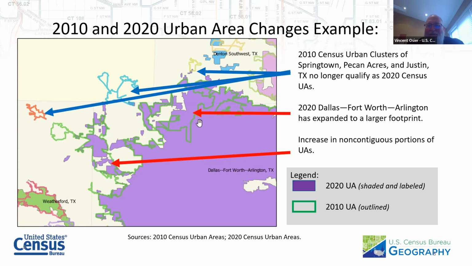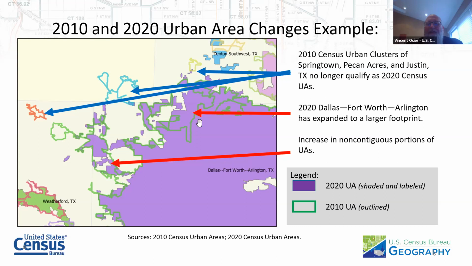I call it myself urban shrinkage as a result. So based on the changes from the criteria, this is the Dallas-Fort Worth, Arlington area. You can kind of see that some of the farther out urban portions or urban territory have been eliminated, and that's partly due to that smaller amount of urban areas or urban clusters from 2010 being no longer distinguished as urban.